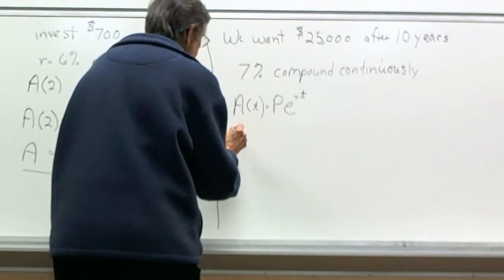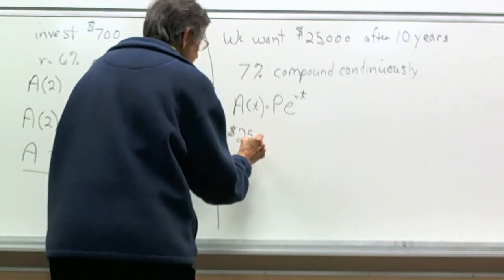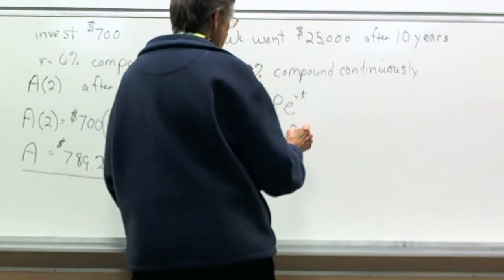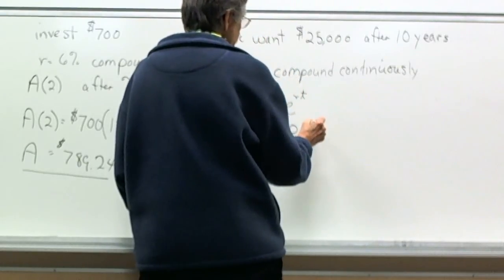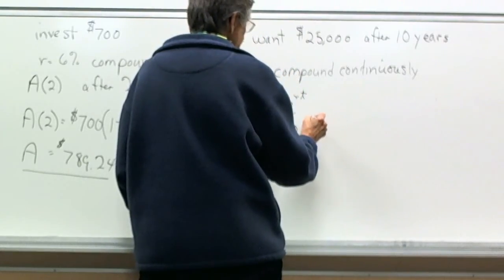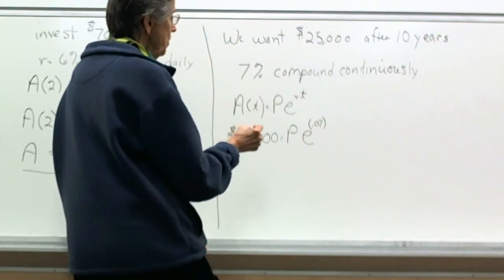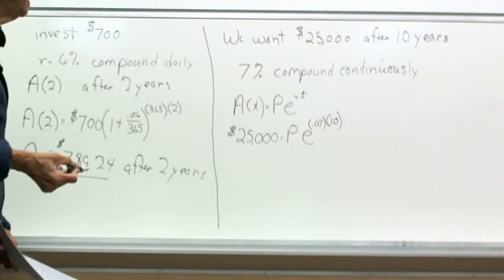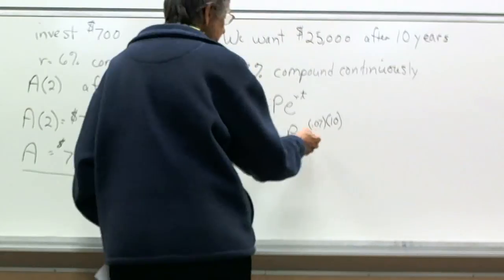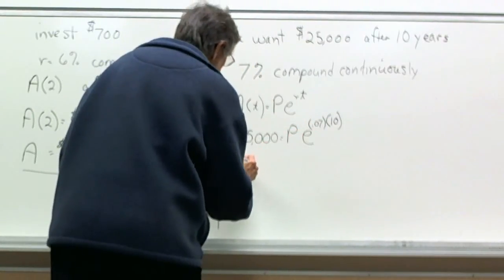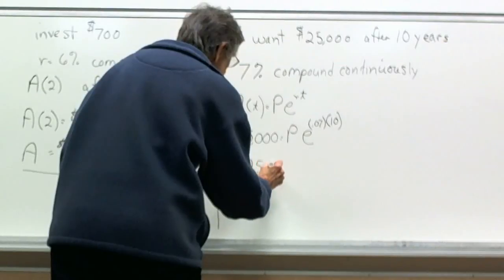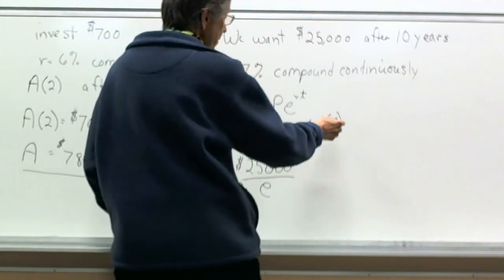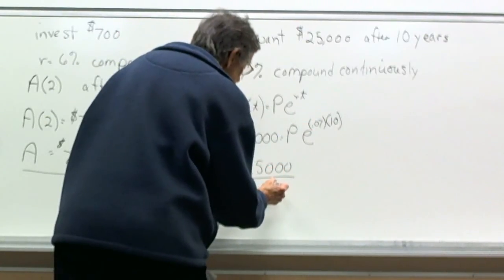So $25,000 is our final amount that we would like to come up with. We don't know what to invest. That's our unknown P. The rate is 0.07. And we want this after 10 years, so T is 10. So to solve for P, we simply divide both sides by our exponential term over there, or factor. So we'll have $25,000 divided by E, and when you multiply 10 times 0.07, you just get an exponent of 0.7.